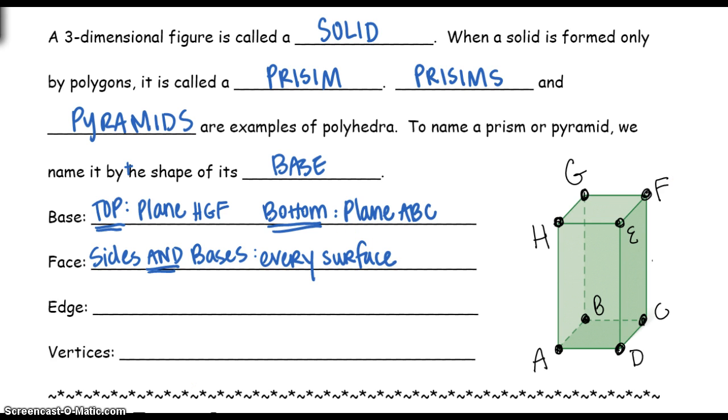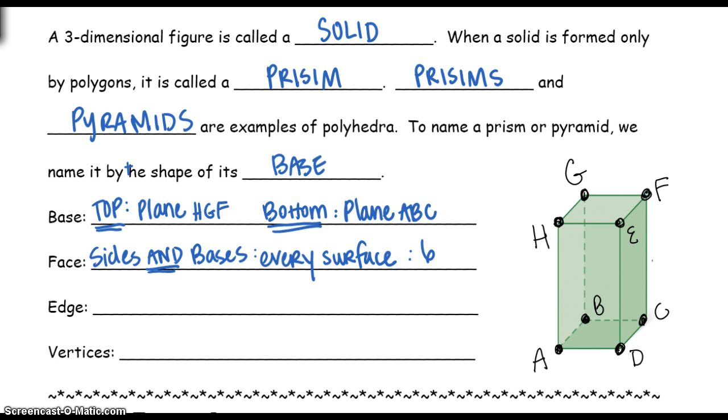Okay, so let's look over at this shape and see how many faces we have. We've got 1, 2, 3, and then the back here, 4, 5, and then you probably can't see it, but we've got 6 right here in the front. So there are 6 faces in this picture.